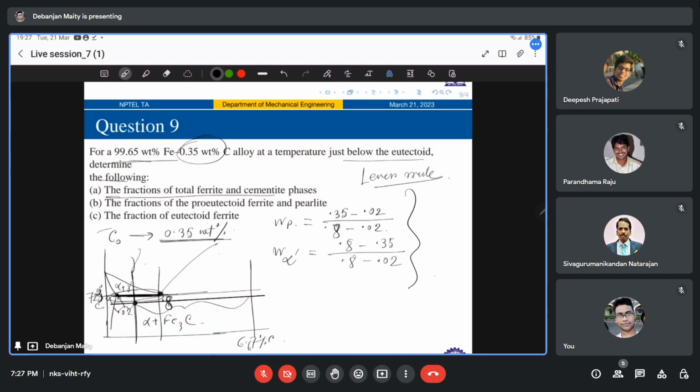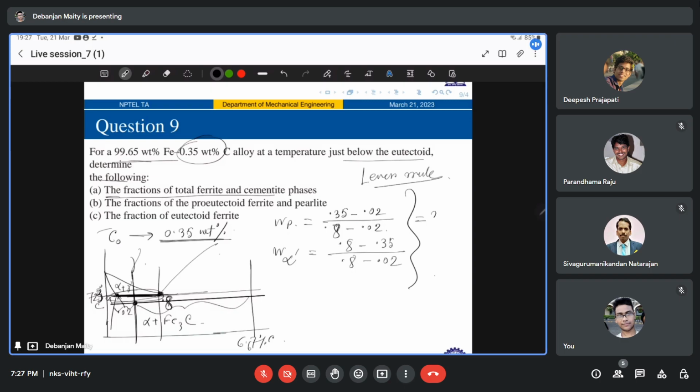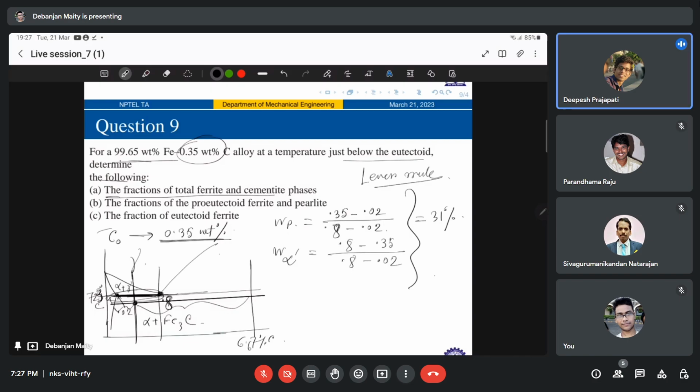Correct? How much are these coming? Pearlite is 42.31, okay.